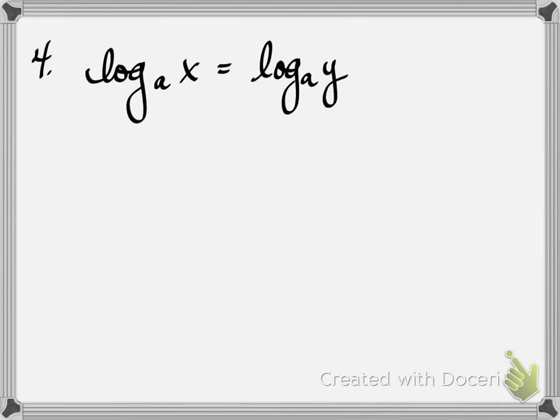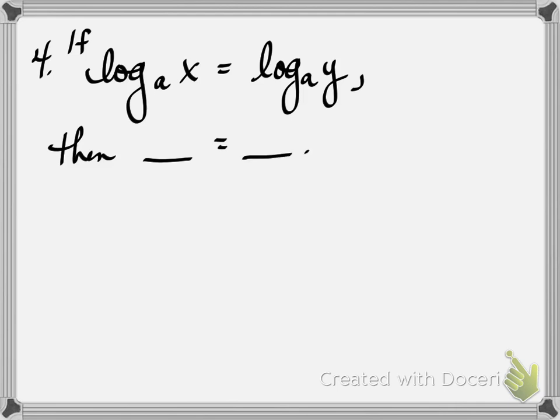Last property, maybe one of our favorites. Oh, I should have put an if in the front. If log base a of x is equal to log base a of y, then something is equal to something.